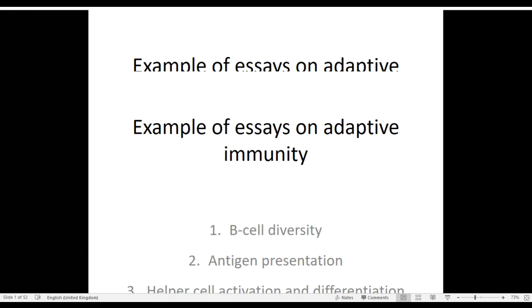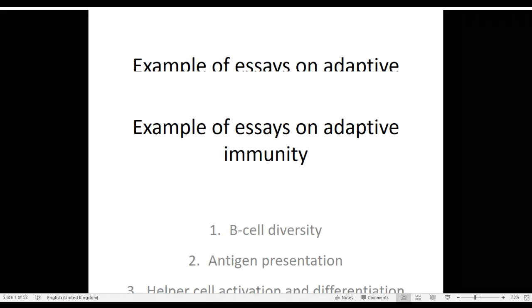So what you need to convey in the introduction for this particular type of essay, where you're going to talk about how we achieve B cell receptor diversity, is why we need to achieve B cell receptor diversity.